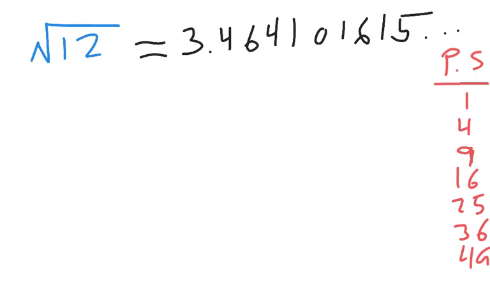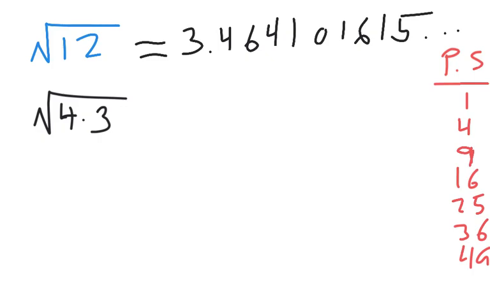So here's how we're going to do this. We're going to rewrite the square root of 12 as the square root of 4 times 3. Now the reason we do this is because we know what the square root of 4 is. So what number times itself is 4?